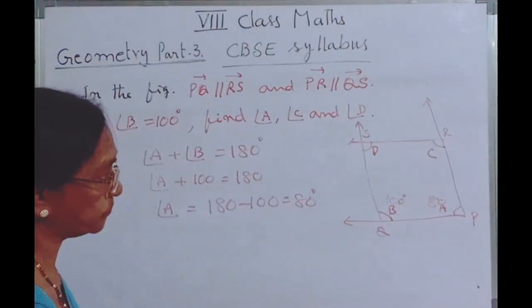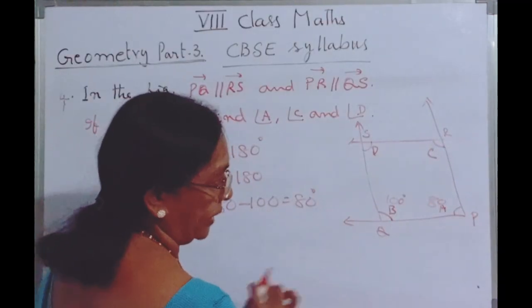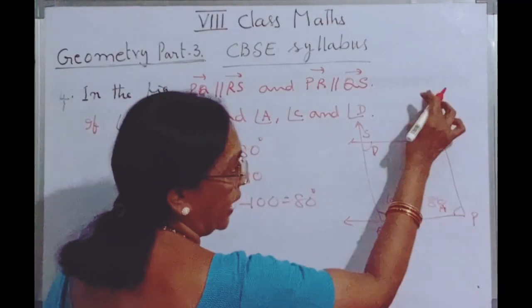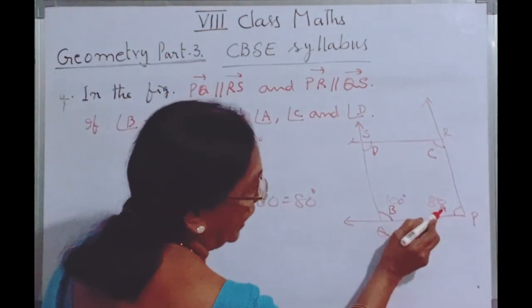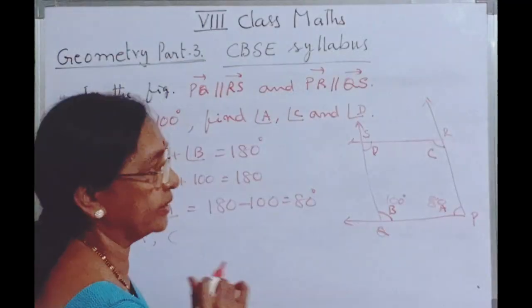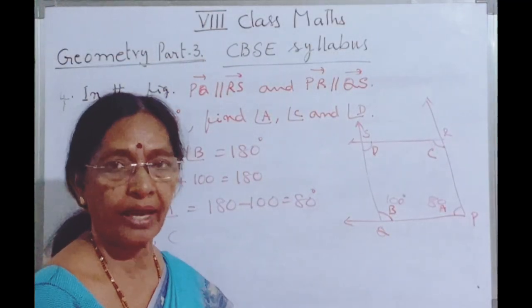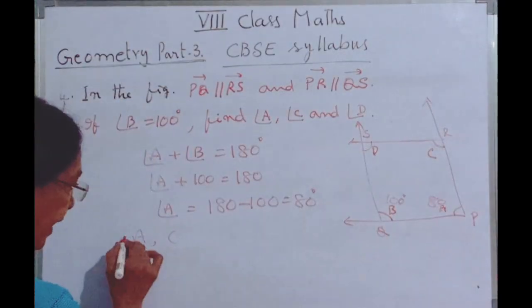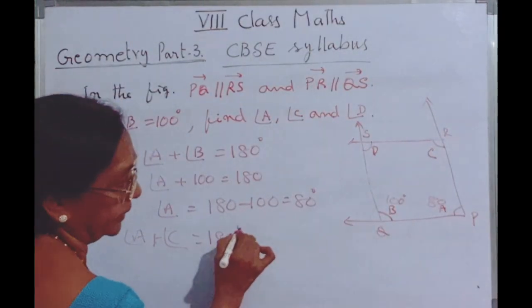Next, again take PQ and RS parallel to each other and PR as transversal. Taking PR as transversal, these two angles A and C are interior angles lying on the same side of the transversal and they are supplementary. Therefore, angle A plus angle C is equal to 180 degrees.